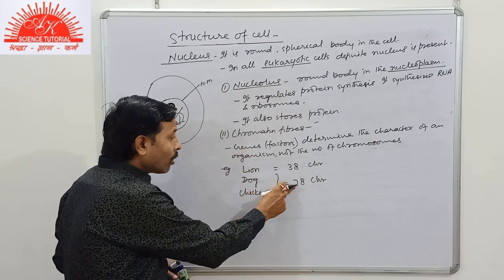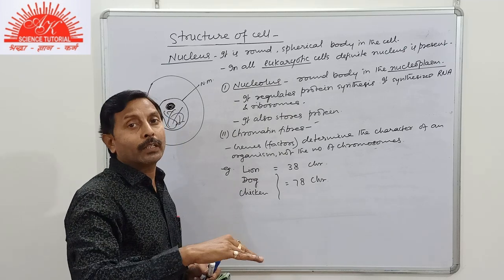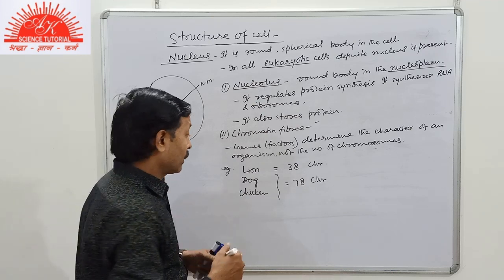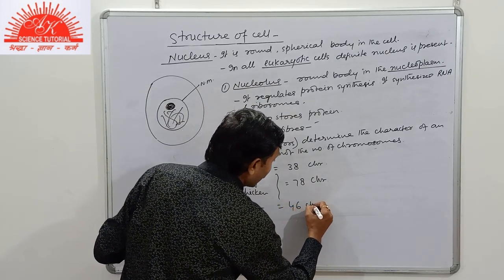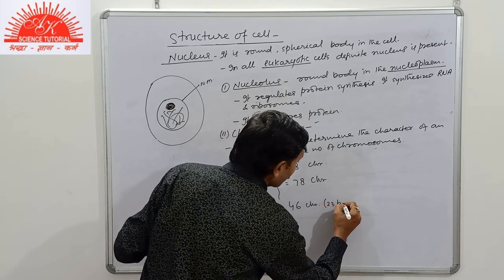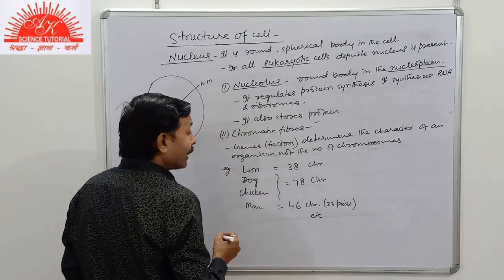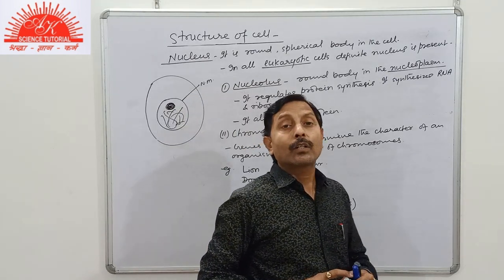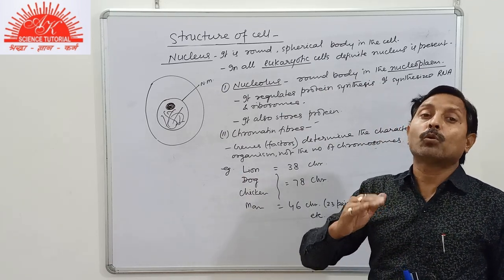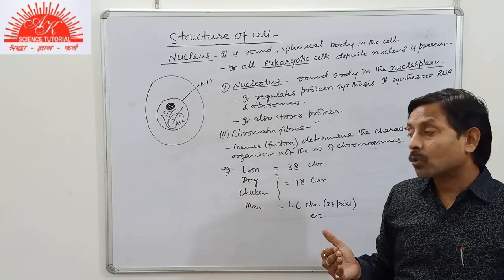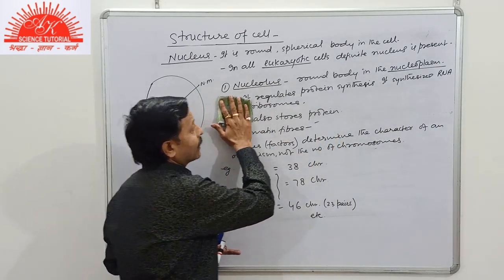So the characteristic is not determined by the number of chromosomes, but by the type of genes present on them. Man has 46, that is 23 pairs, and so on. Crayfish have about 200 chromosomes, and some insects have more than 1000 chromosomes. So it is the genes present on them that determine the features.